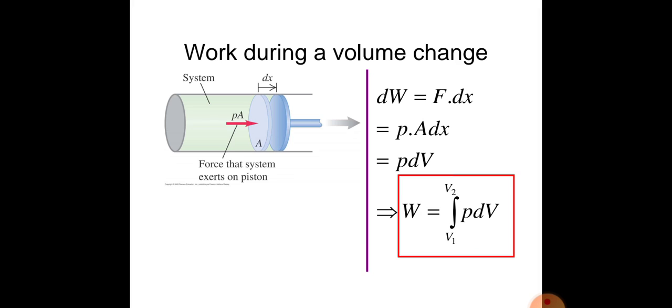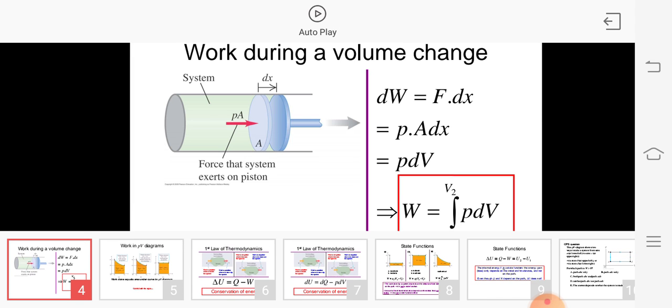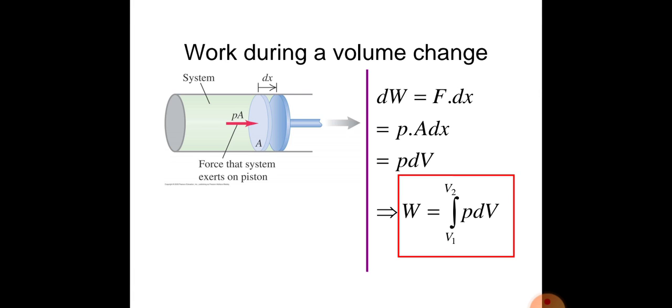With the same example, the force that the system exerts on a piston having some area, which is denoted by A, and pressure P applied on the piston, is P into A. The deflection in the position, from the main position to the deflected position, we take as dx.